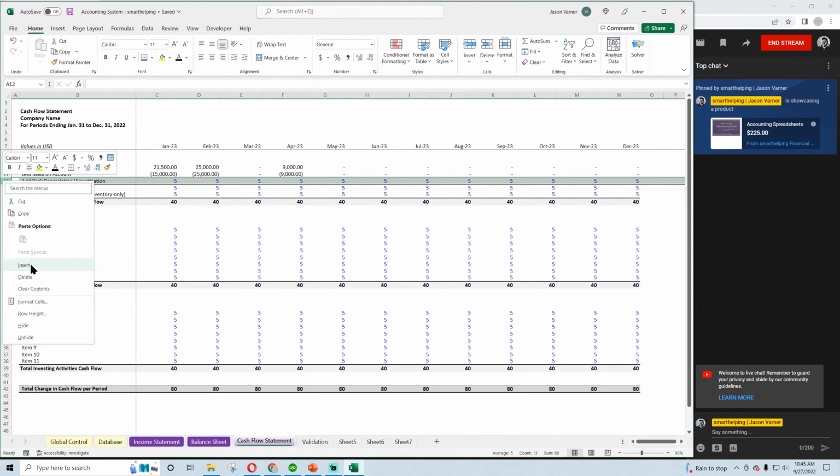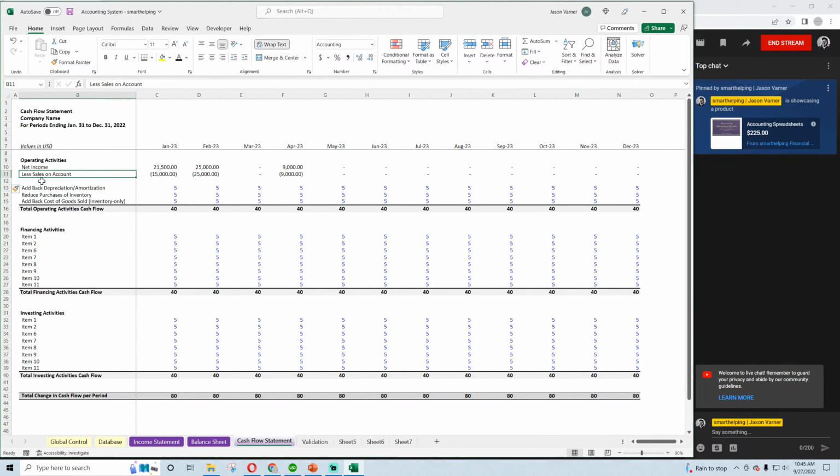So we actually have to have less sales on account. Now hold on. On net income, we have sales on account included in here. We reduce it out and then add it back when it actually is collected. So add back receipts from sales on account.